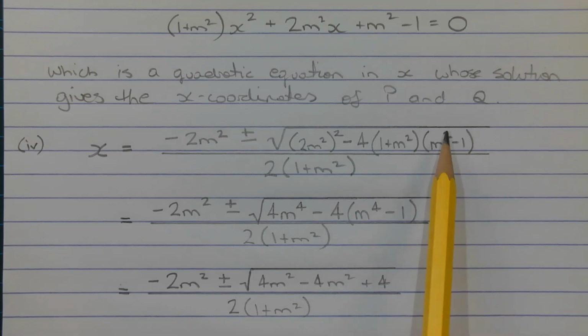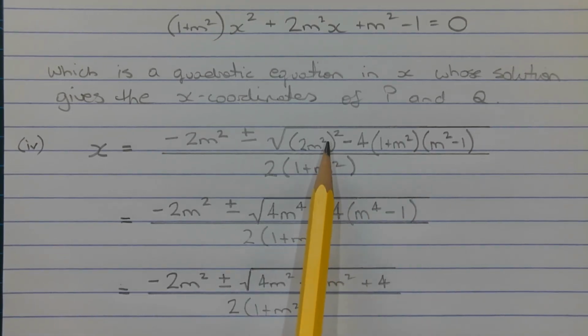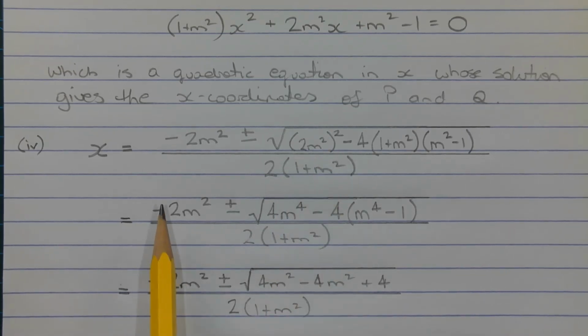So expanding the brackets here using difference of two squares expansion and also expanding the brackets here as well, we get x equals negative 2m squared plus or minus the square root of 4m to the power of 4 minus 4 times (m to the power of 4 minus 1) all over 2 times (1 plus m squared).